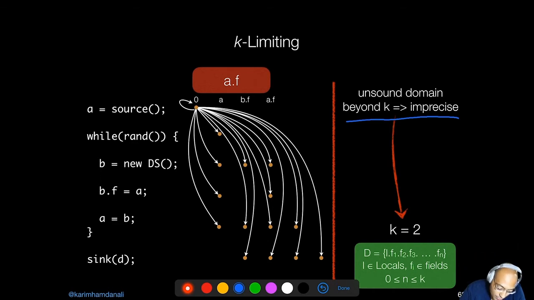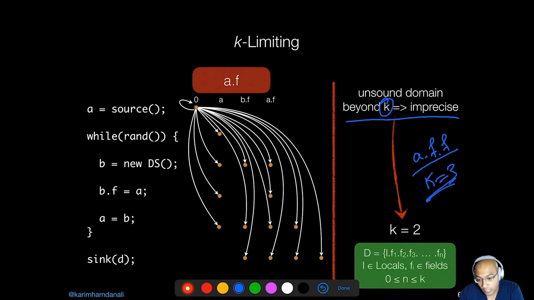I mean, the one thing that you can do to resolve this kind of problem or trade-off is choose a value of k that is big enough that it will still make your analysis terminate, and it will still fit the longest access path that you have in your program. So if somehow you go through your program with a pre-analysis pass or something and figure out that in my program the maximum depth for a field access is 2, then maybe I can set k to be 3, and then everything will be fine.